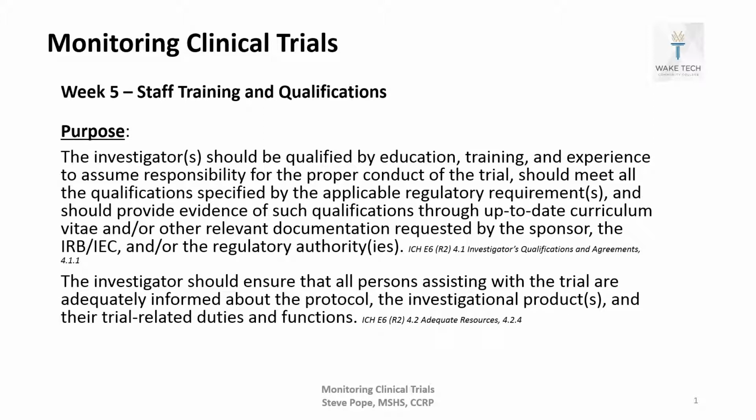So we're going to go over what the investigator's responsibilities are for training staff and how we determine whether or not staff are qualified to do the work that they've been assigned to do.